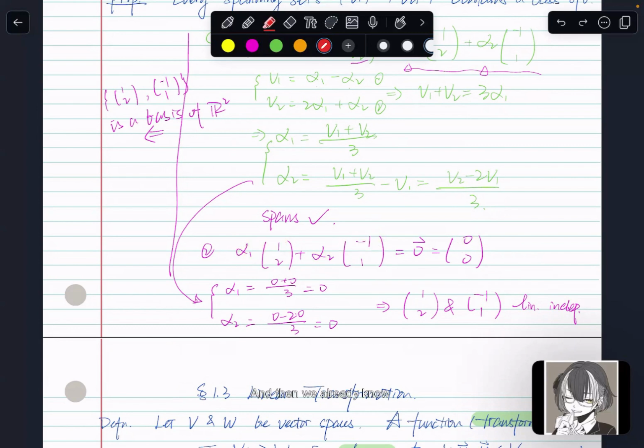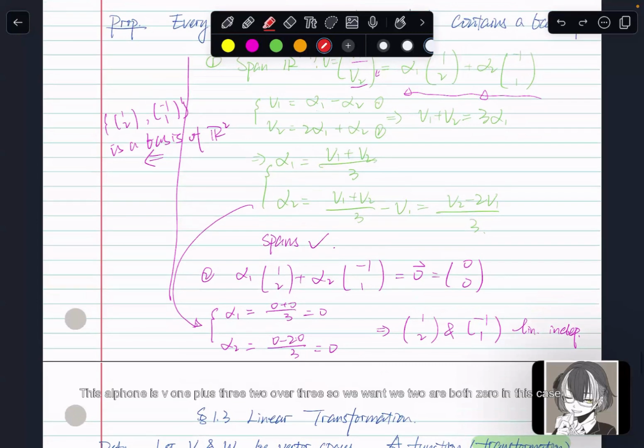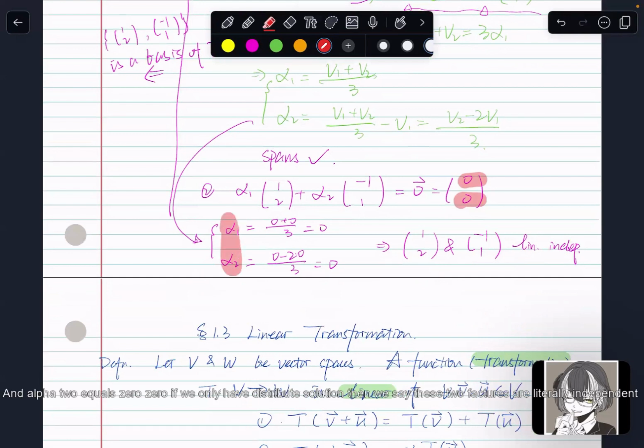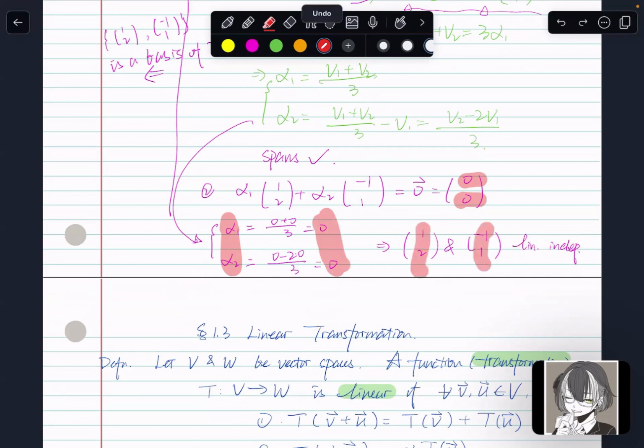We already know alpha 1 is (V1 plus V2) over 3. V1 and V2 are both 0 in this case, so alpha 1 will be (0 plus 0) over 3, which is 0. Alpha 2 is (0 minus 2 multiplied by 0) over 3, which is 0. So this is our only solution: alpha 1 and alpha 2 equal 0 and 0. If we only have this trivial solution, then we say these two vectors are linearly independent.